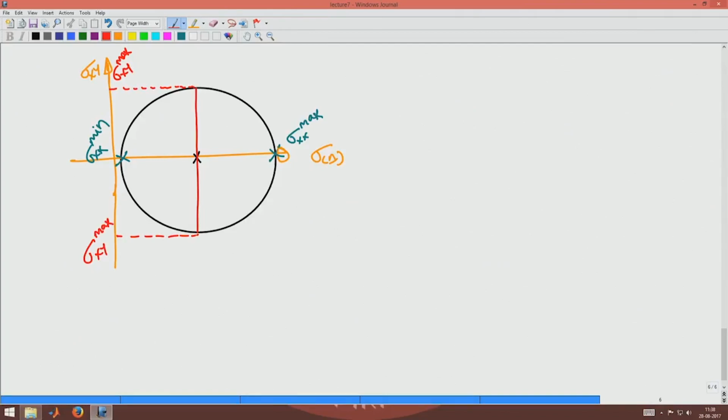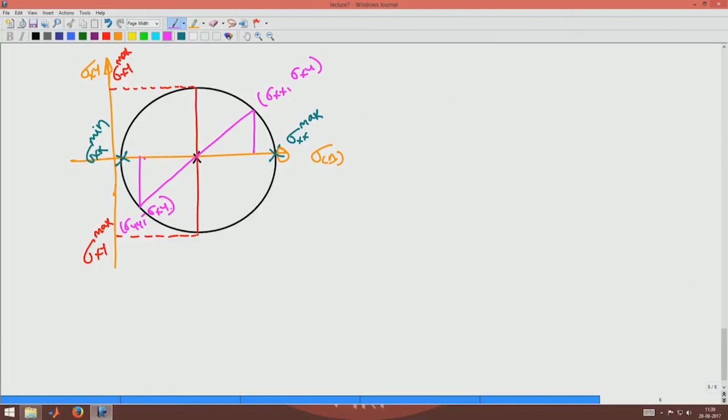Then you add a stress state which was somewhere here, that was given to you. Say this is sigma xx, sigma xy, and this will be sigma yy comma minus sigma xy.